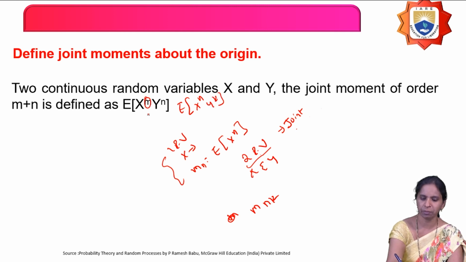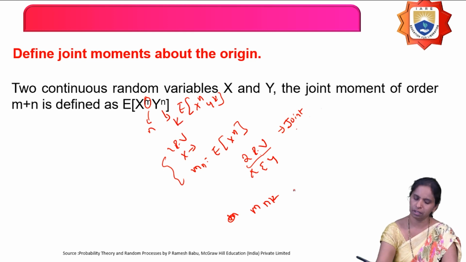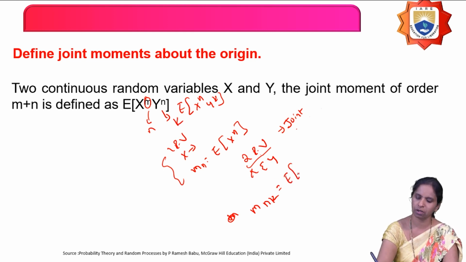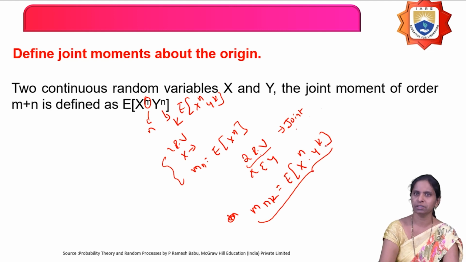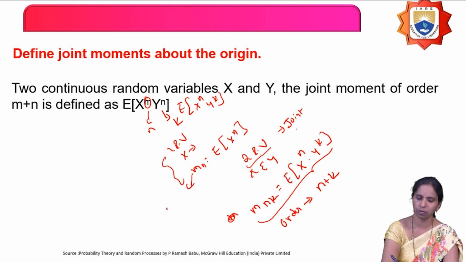Here, in place of m I have taken n, and in place of n I have taken k. So this is called the joint moments about the origin. If you take two random variables x and y, the joint moments about the origin equal the expectation of x power n into y power k. And what is the order of the moments here? n plus k.